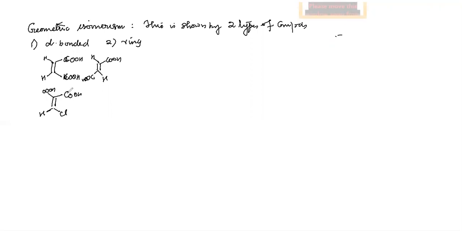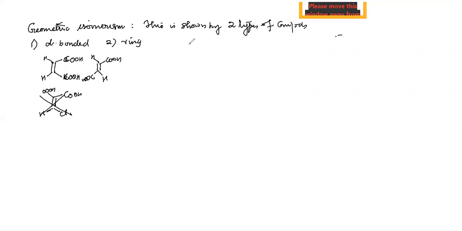Here also it is the same thing. The two groups on one single carbon should be different, and only then you can put them in the opposite direction. So that is geometric isomerism. Basically, you can have any four groups here.